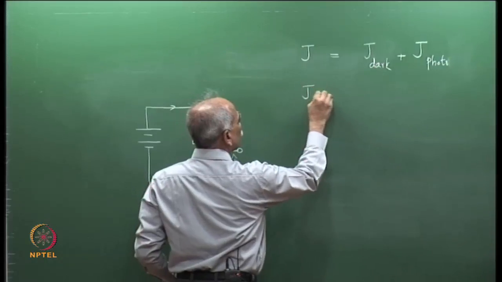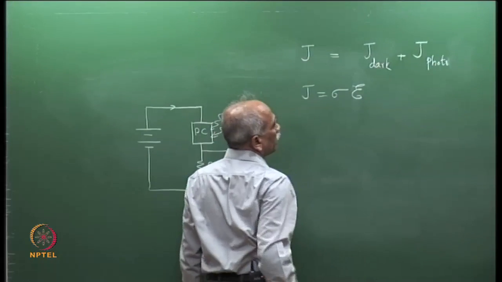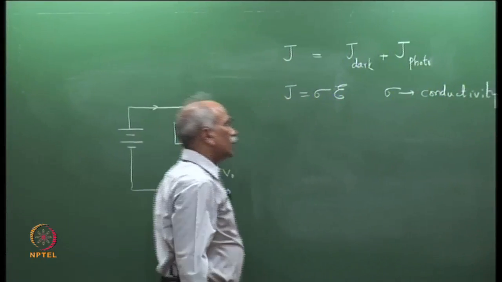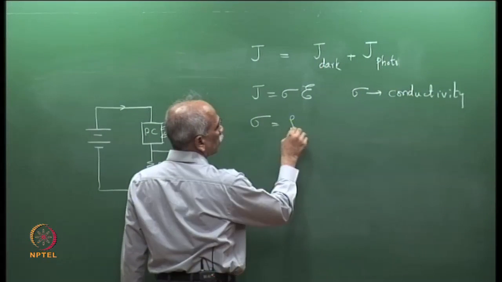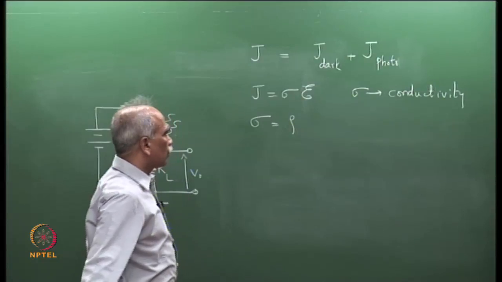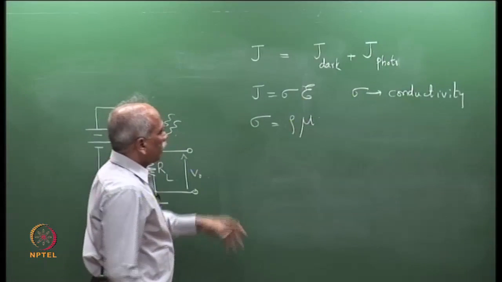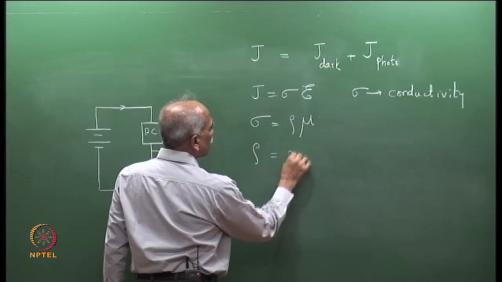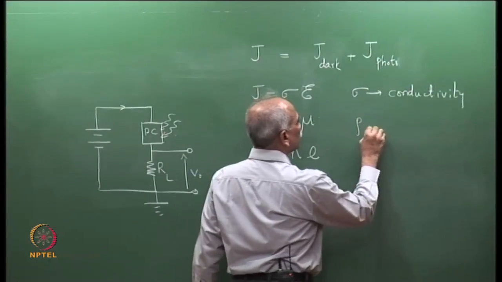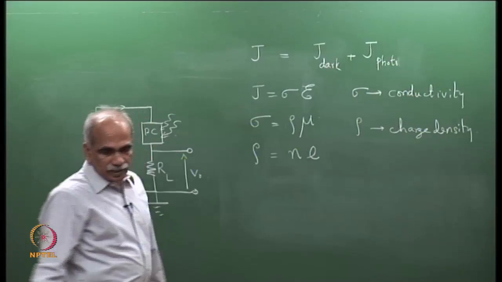We know that J is equal to sigma E, where sigma is the conductivity, and sigma is equal to rho into mu, where rho is the charge density and mu is the mobility.